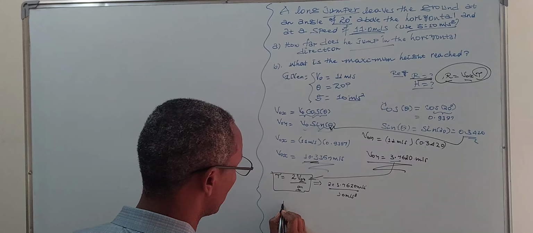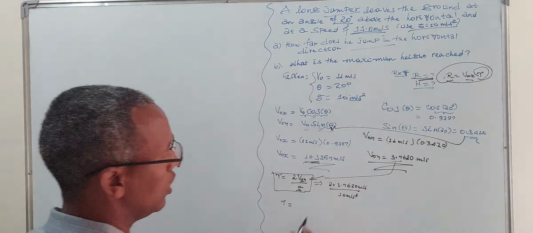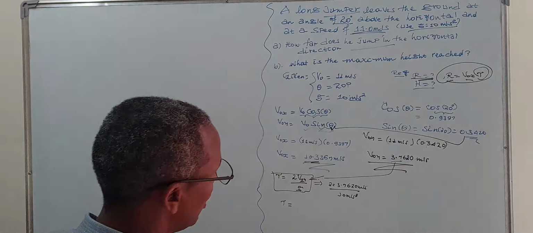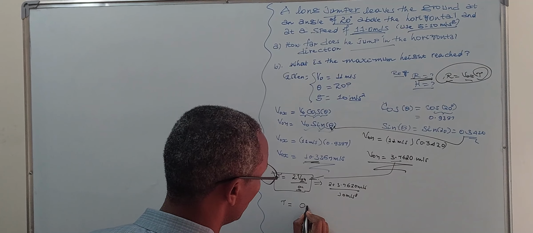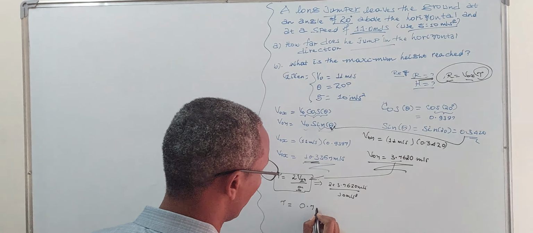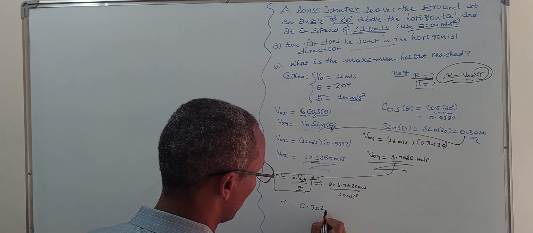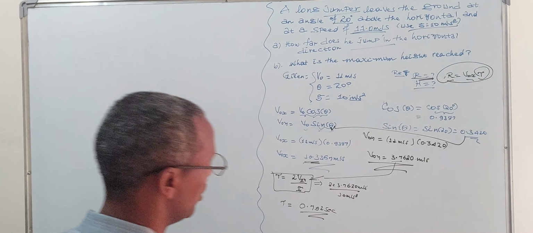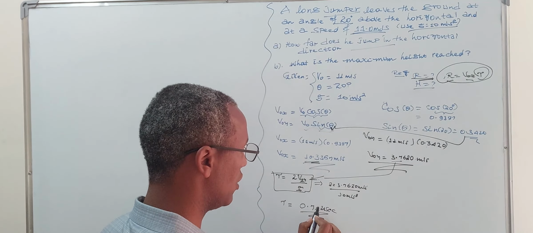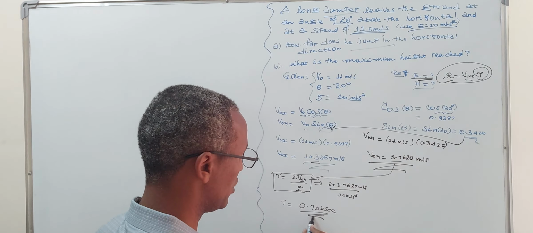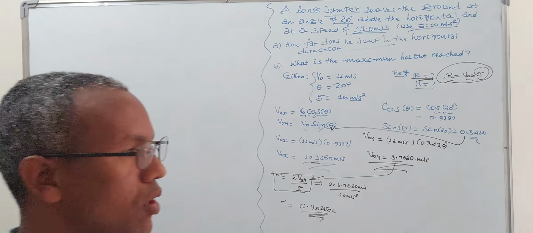So total time, you can calculate by yourself, is equal to 0.752 seconds. Approximately you will get 0.7524 seconds as the total flight time.